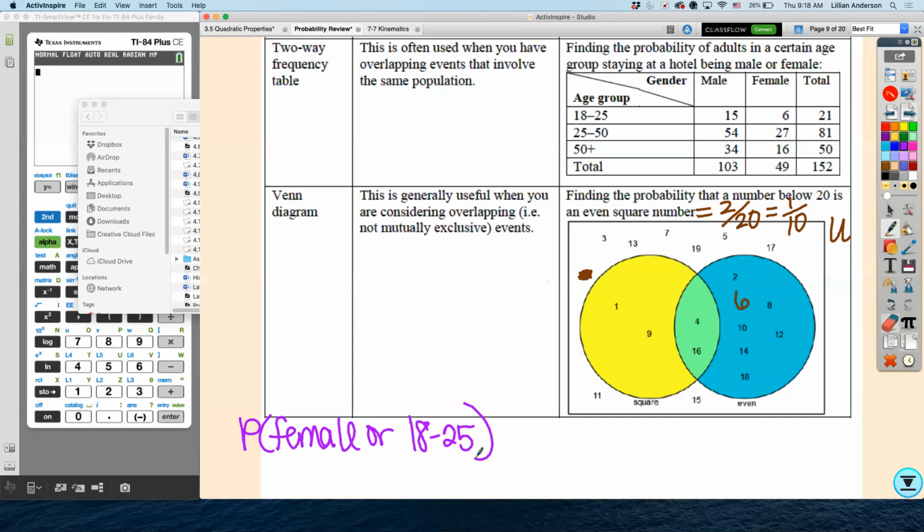I want you to find the probability from this example at the top that a person selected at random is female or in the age group 18 to 25. All right, what'd you get?